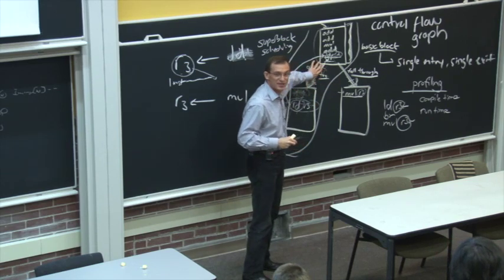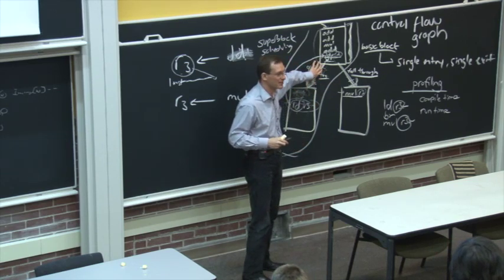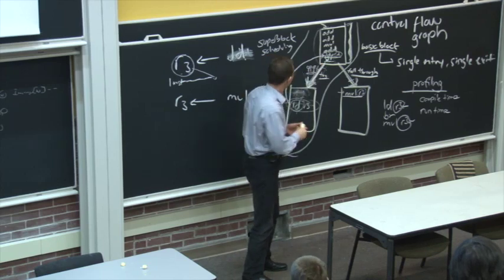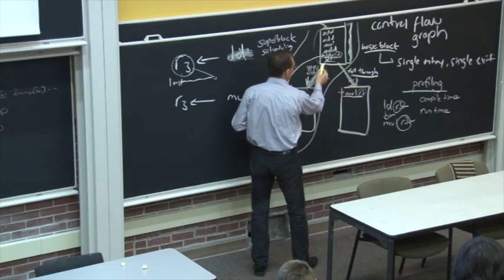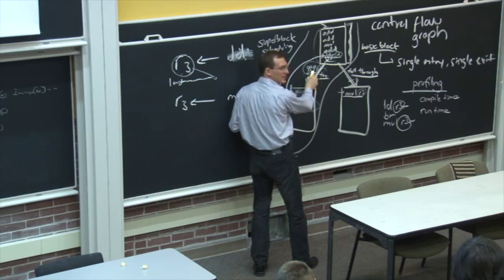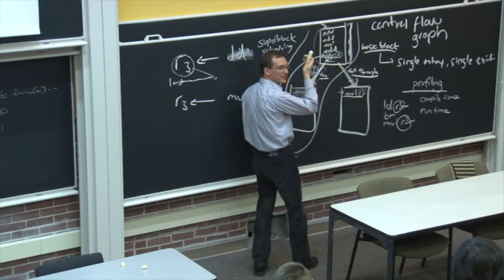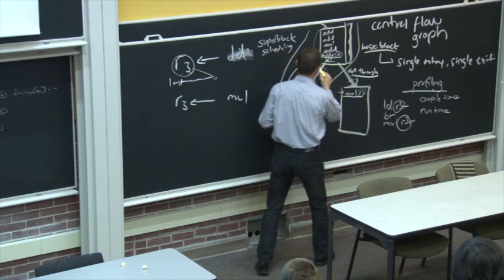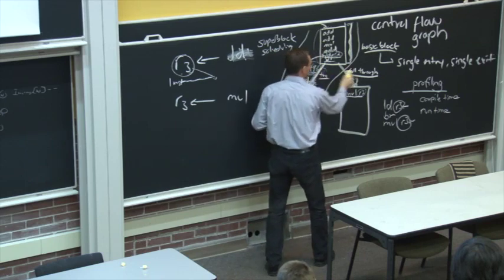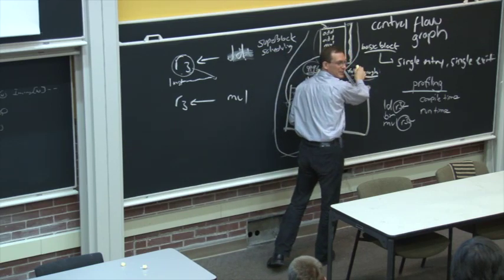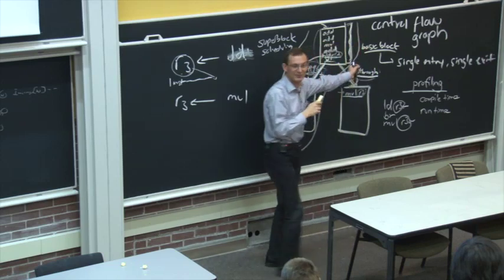How do you choose the input set to decide to make this optimization, right? That's important, because with one input set, this branch may be taken 99% of the time. With another input set, this branch may be not taken 99% of the time. Right?